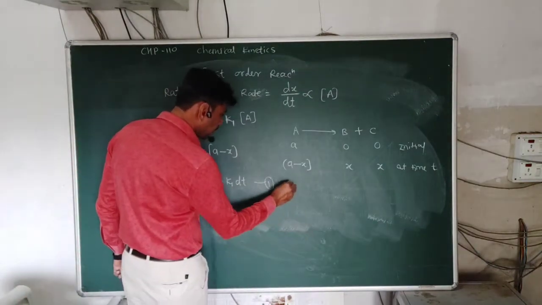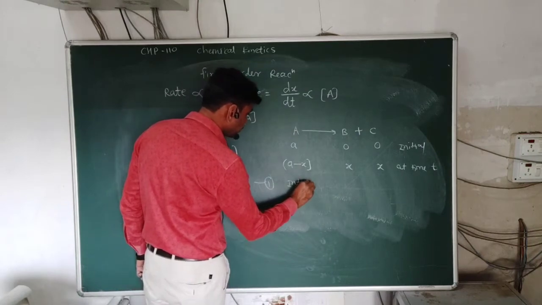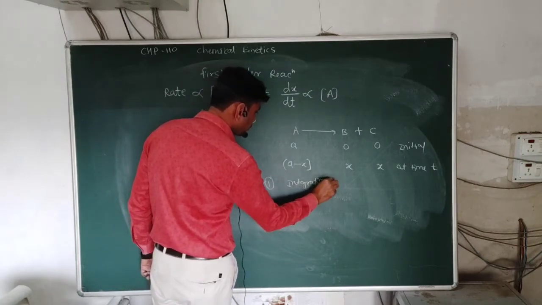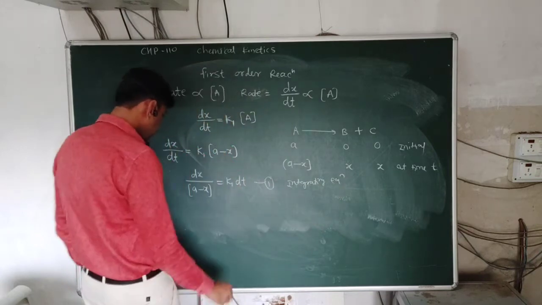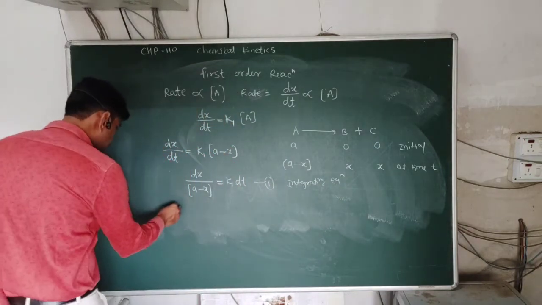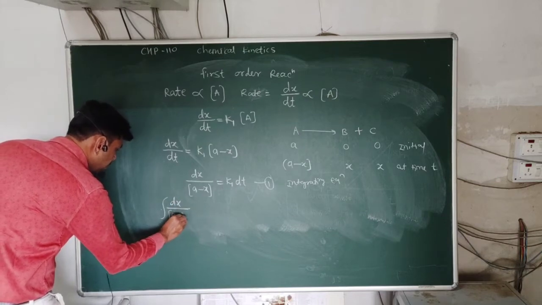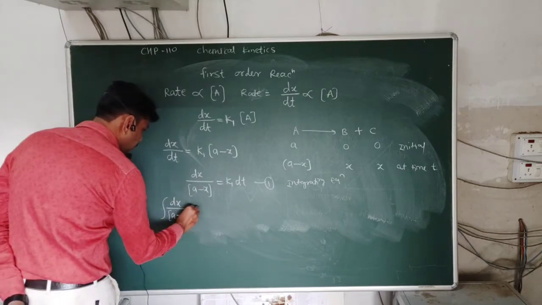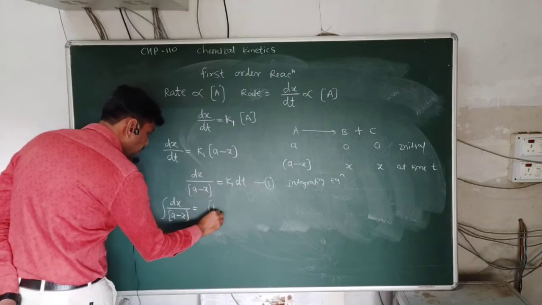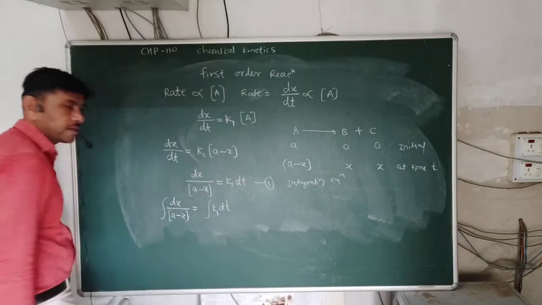Now we integrate this equation: the integration of dx upon (A minus x) equals the integration of K1 into dt.